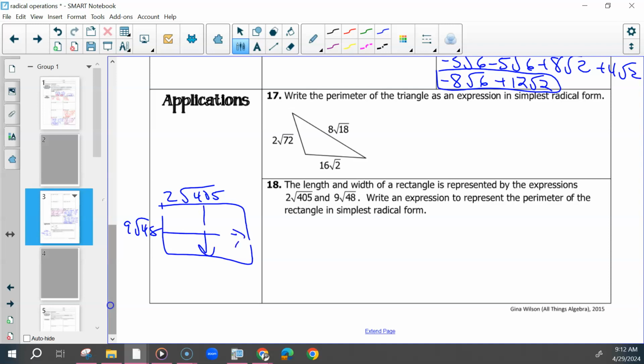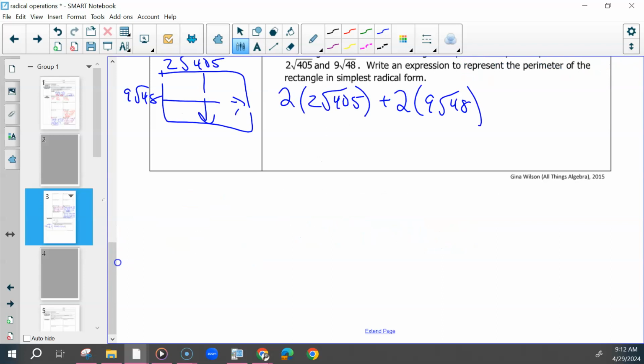So what you could do is just simplify each piece and multiply each piece by 2. So it would be 2 times this plus 2 times this. And then we would just have to multiply at the end. So let's do that. Keep bringing down those 2's.